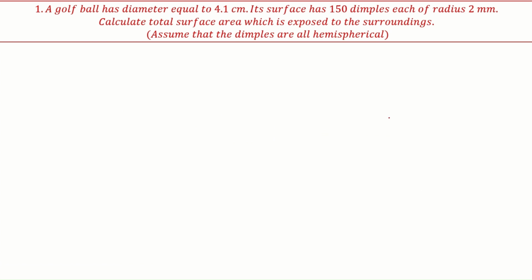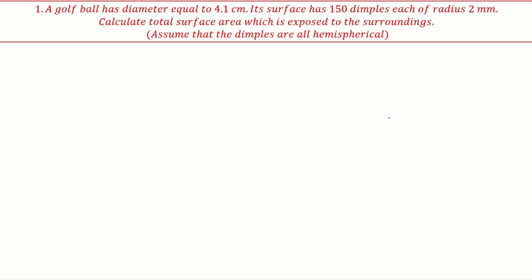A golf ball has a diameter equal to 4.1 centimeters. Its surface has 150 dimples, each of radius 2 mm. Calculate the total surface area which is exposed to the surroundings. Yeah, this is a good problem actually. All the dimples are hemispherical. So first let us calculate the area of the dimples, and then the surface area of the golf ball.